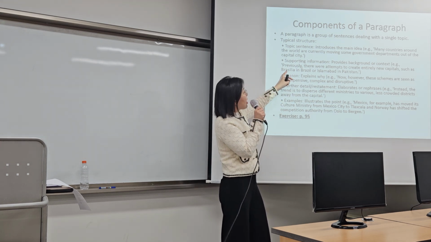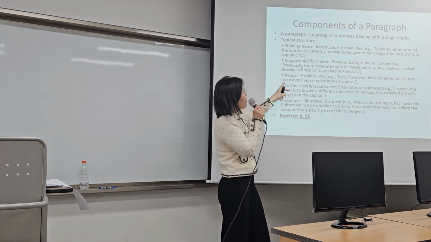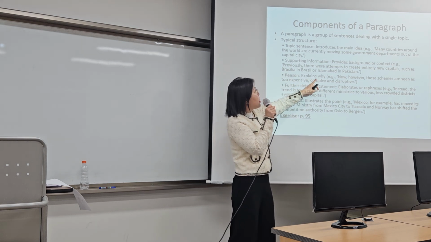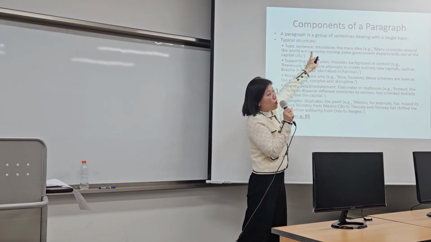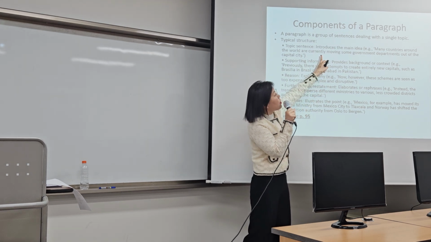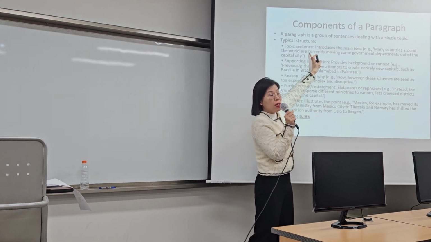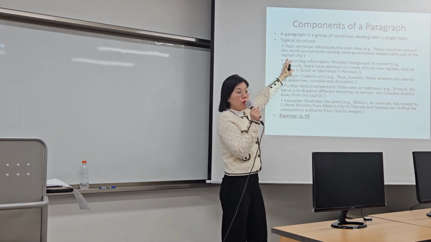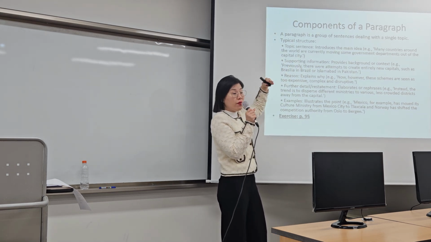And then the third is, after you provide the context, you provide reasons why you think so. The reasons explain why you think so, and it's directly linked with the topic sentence, because the topic sentence basically states your argument. So just remember what components you have to include.